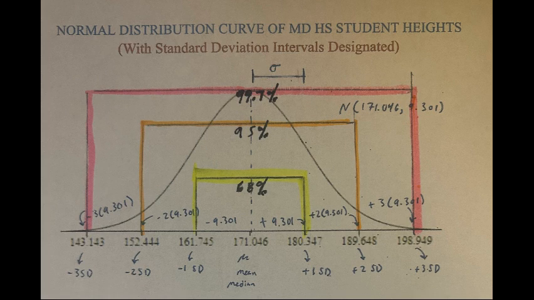Now that we have these values, we can divide up the distribution under the curve on the interval lines of plus or minus standard deviations 1 through 3 to estimate a proportion of values that use these intervals as boundaries.